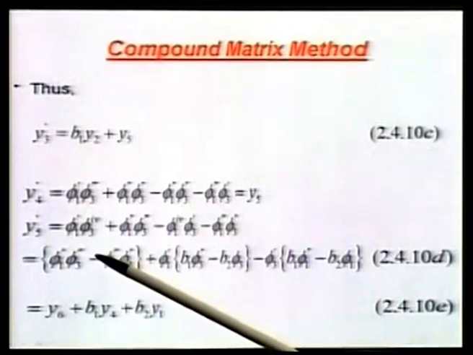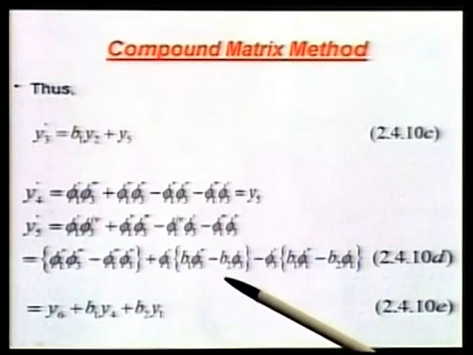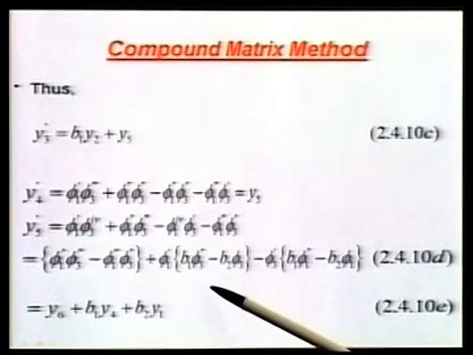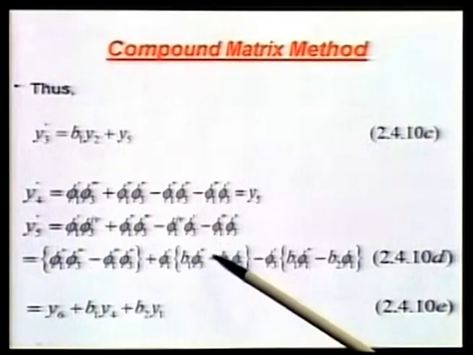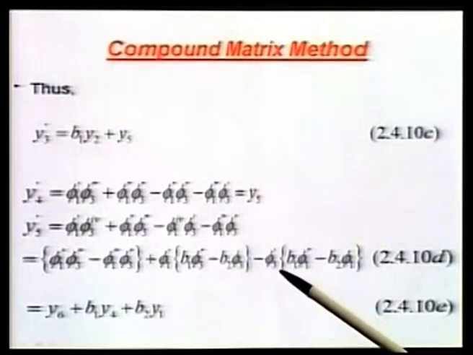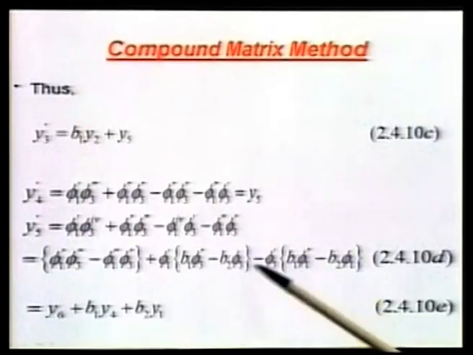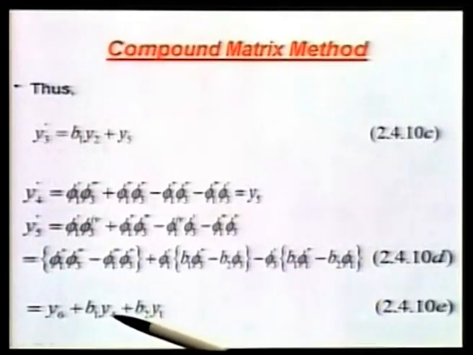So, this is your y 6, and here you are going to have, look at this here, b 1 into phi 1 prime phi 3 double prime, and here we have b 1 into phi 3 prime phi 1 double prime. So, what is that? That is your y 4.